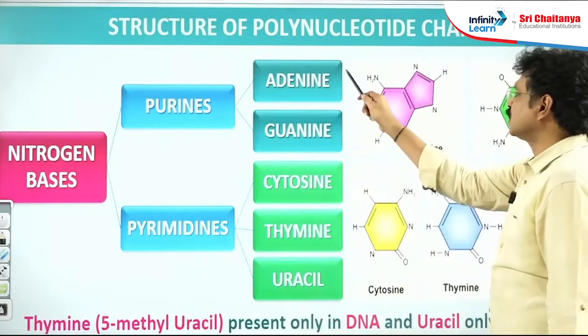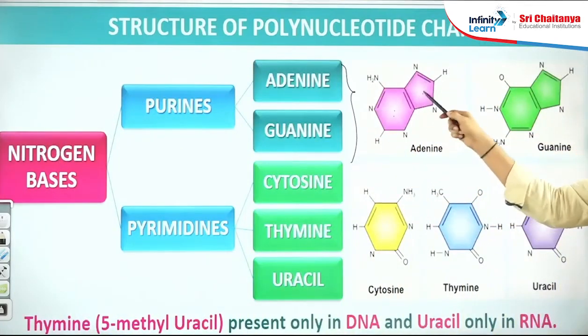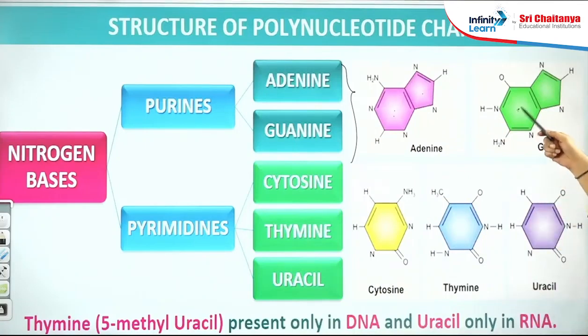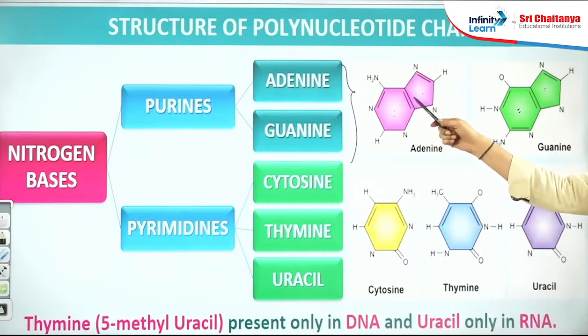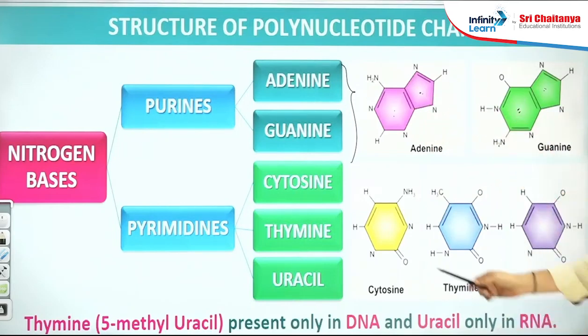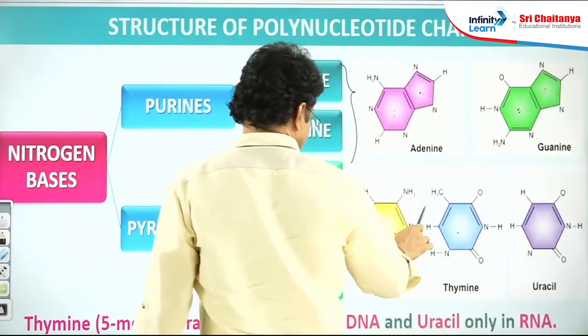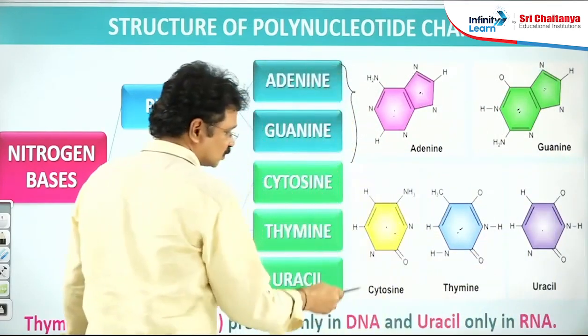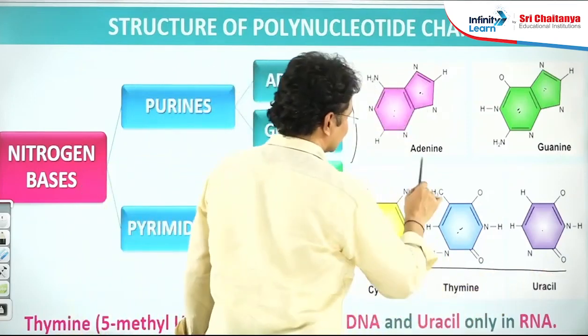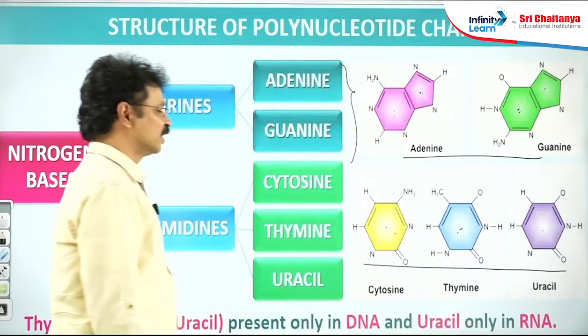In both adenine and guanine, 2 rings are present, dicyclic structures. Here also, in the green color structure, 2 rings are there. So both adenine and guanine are dicyclic structures. Whereas the 3 types of pyrimidines are monocyclic structures, single rings. Single ring, single ring, single ring. So these 3 are monocyclic, these 2 are dicyclic.